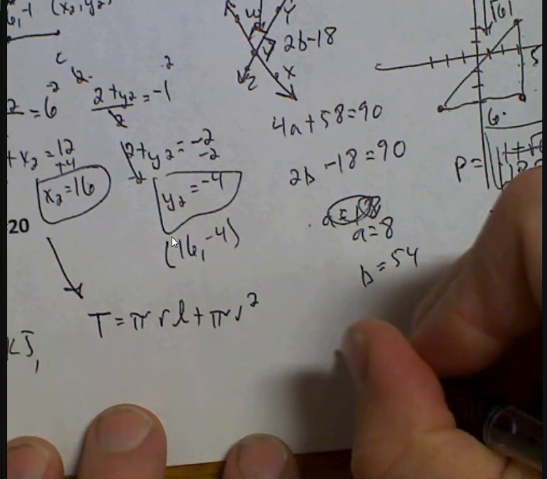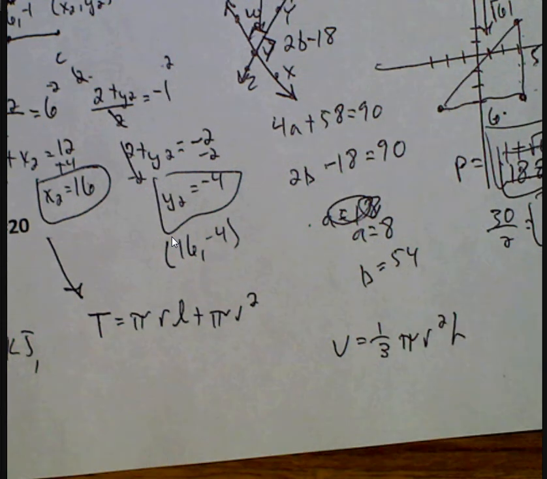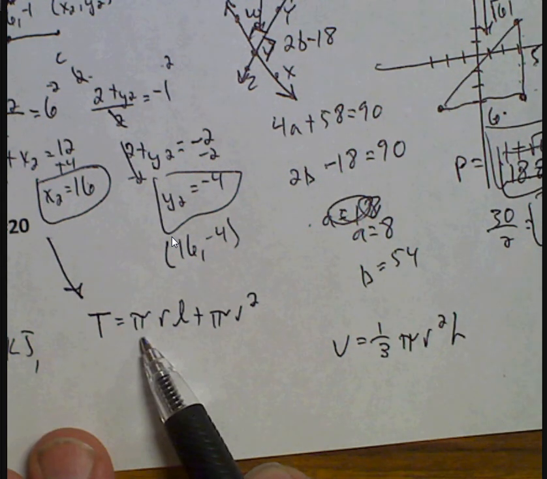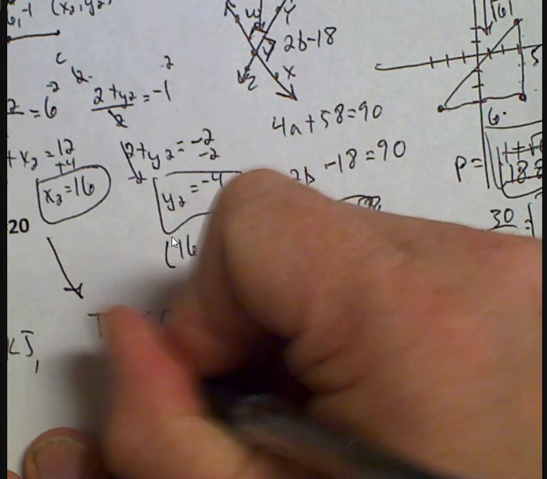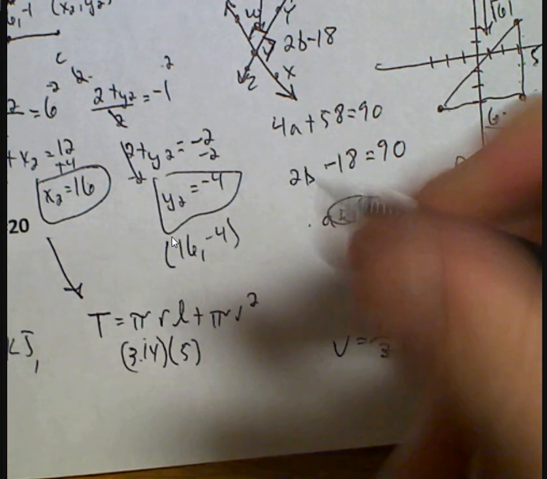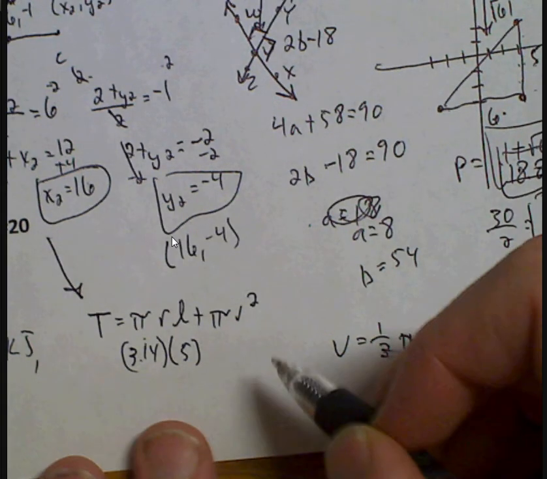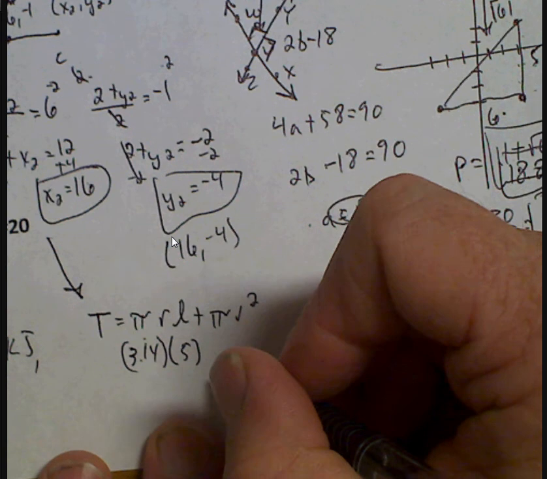And then my volume is 1/3 pi r squared h. So I would have pi, so 3.14. My radius is 5 because I have to take half of that. Half of 10 is 5. So my length is 12.